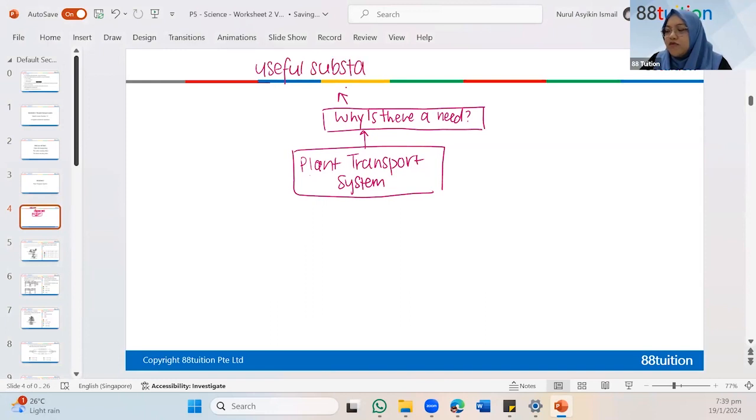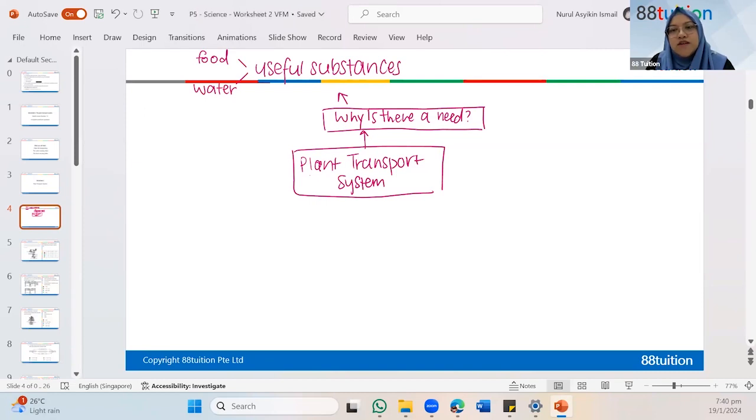I'm trying to summarize your answers. There are such things as useful substances, and from what I see from your answers, you give me things like food, and then I see things like water. Any other things you all give in your answer or not? Let me check.